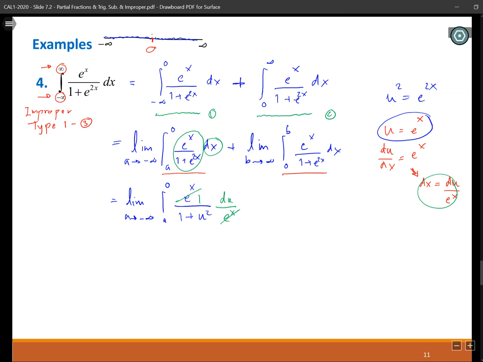And the same thing is going to happen with the other integral. Limit of b goes to infinity, 0 to b. Here I'm doing everything all at once. So 1 over 1 plus u square du, same as the front term.